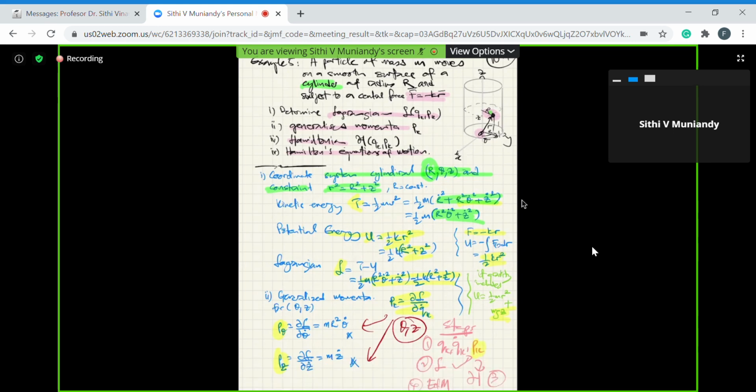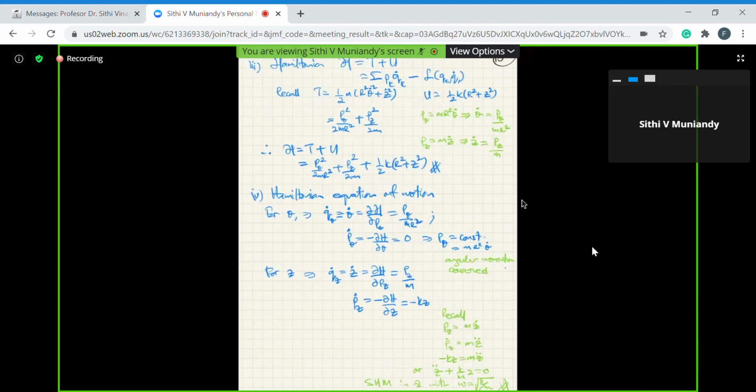Once you get the momenta ready, now you can determine your H. So you have your H calculated, and you can once again quickly determine the kinetic energy written in only the momentum and the coordinates. That's the reason why we need these two expressions.